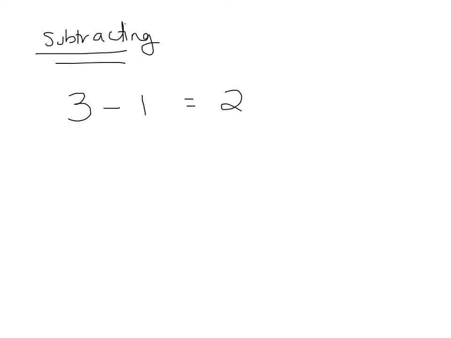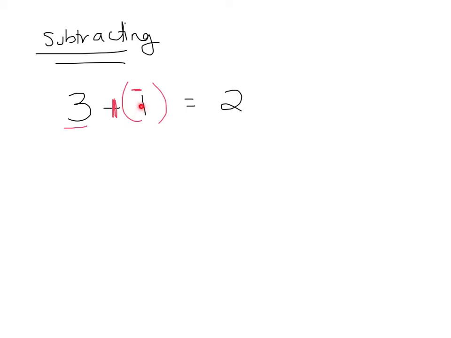Okay, let's take a look at subtraction. When I'm subtracting integers, basically I'm going to use the keep change flip rule in a sense. So if I have 3 minus 1, hopefully you would tell me that's positive 2. Well, I can represent this in integer language by keeping this number, changing the subtraction to addition, in a sense not flipping necessarily, but changing the sign of that number.